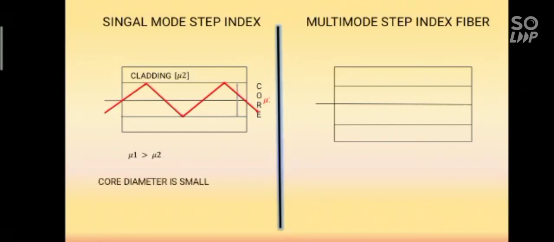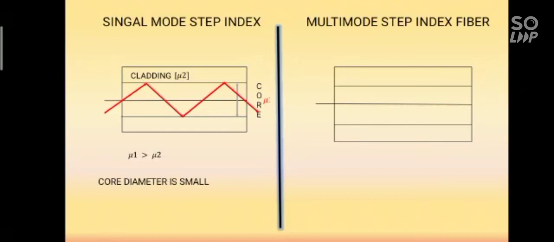So here the light ray will enter and travel in a zigzag path and come out. So in the case of single mode, we write: core diameter is small and it supports only one mode of propagation. That's why this is called single mode step index fiber.